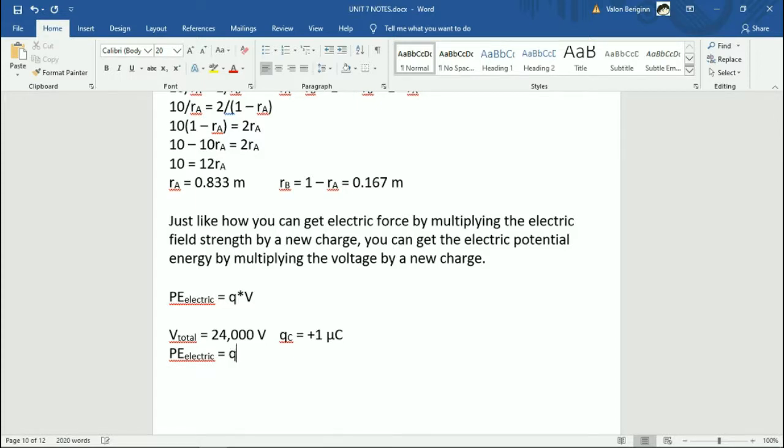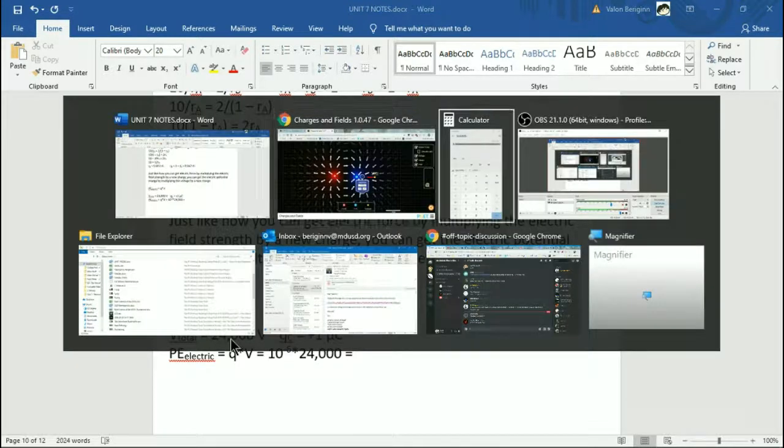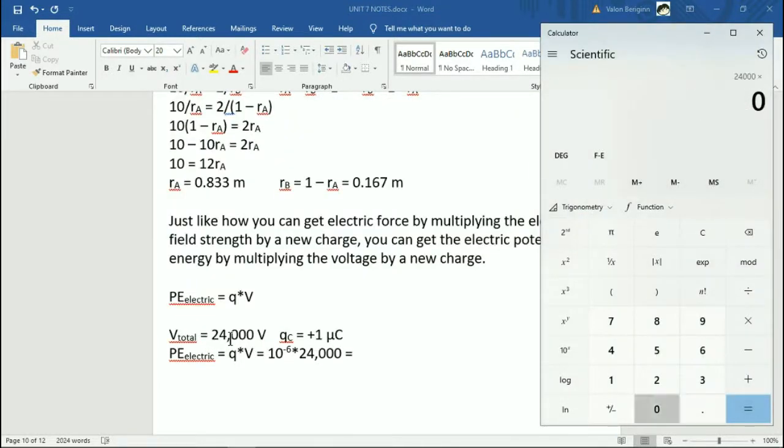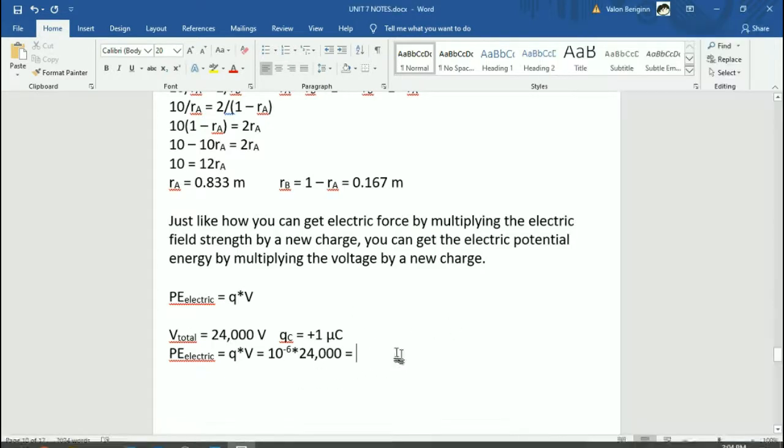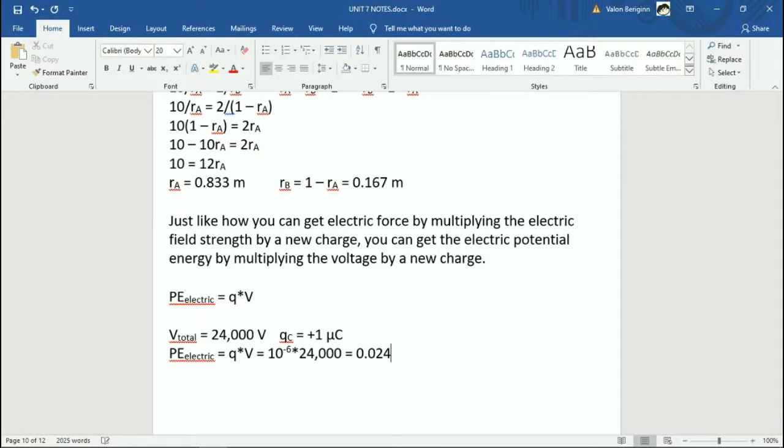Well, again, it's just Q times V, so 1 microcoulomb, so 10 to the minus 6, times 24,000, which is going to be, what? 0.024. Okay, yeah. There's my energy. Just like that. So it's pretty straightforward, right?